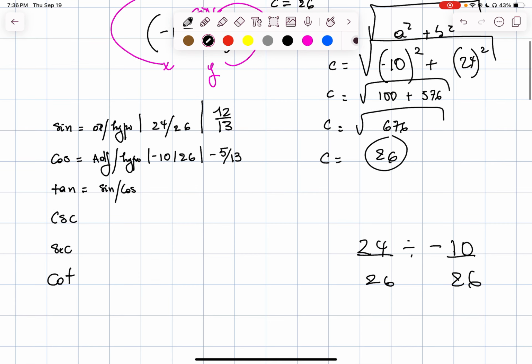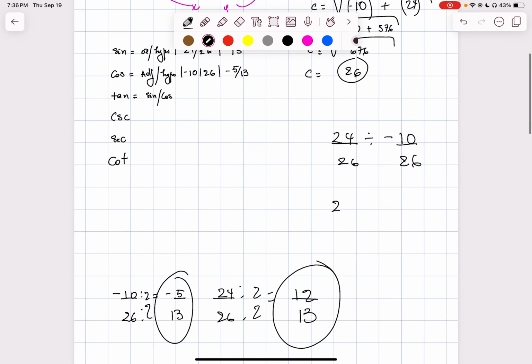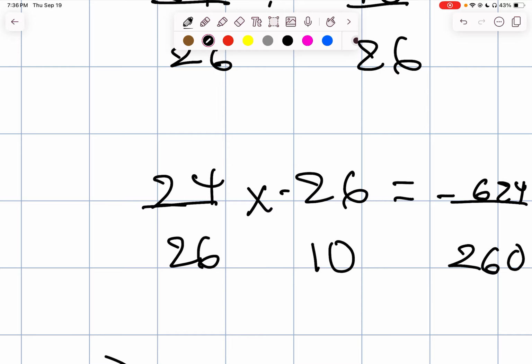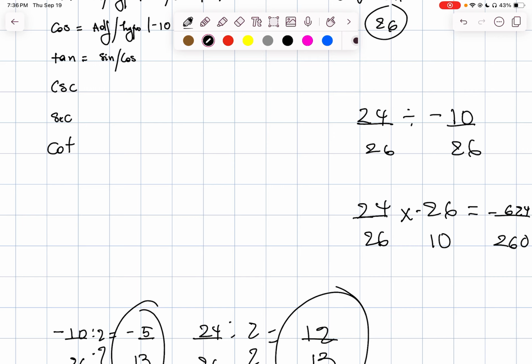I already know you have to flip it, so it's 24 over 26 multiplied by 26 over 10. Keep your minus, because without the minus it's another number, so it's not going to get the grade. It's going to give you -624 divided by 260. Now we're going to simplify this fraction.